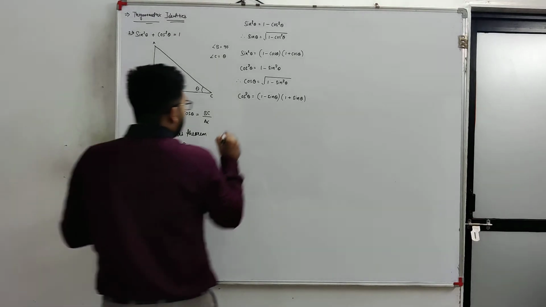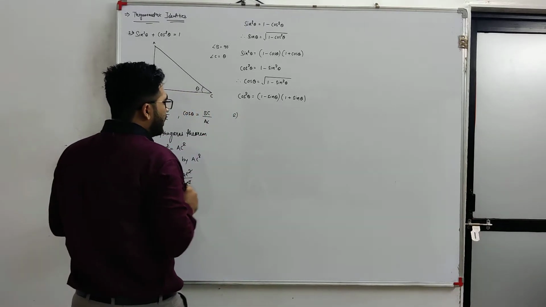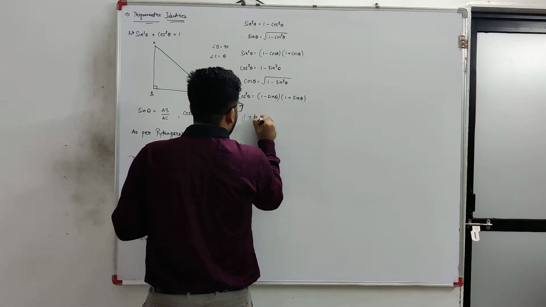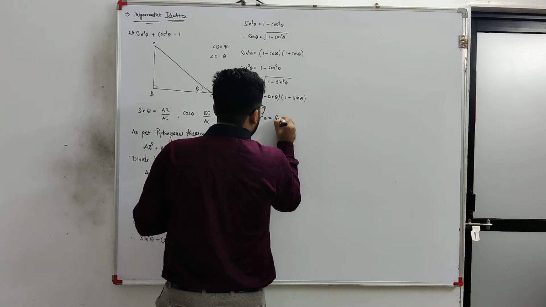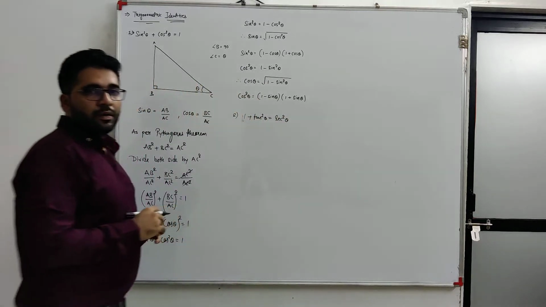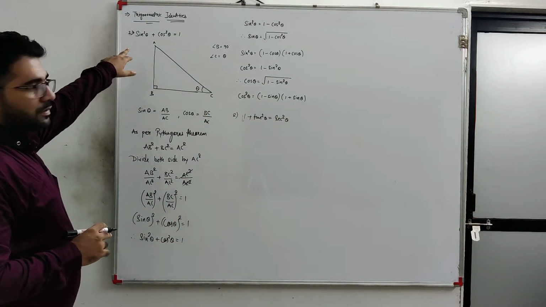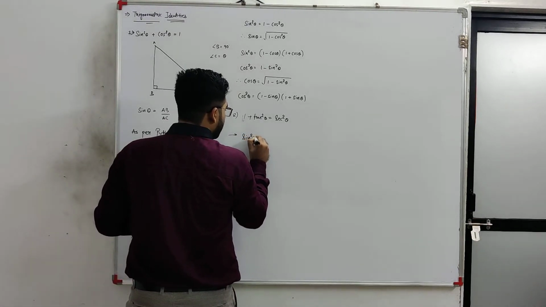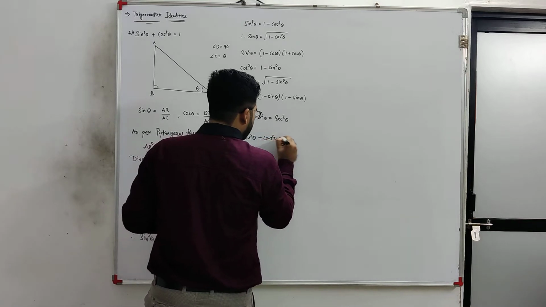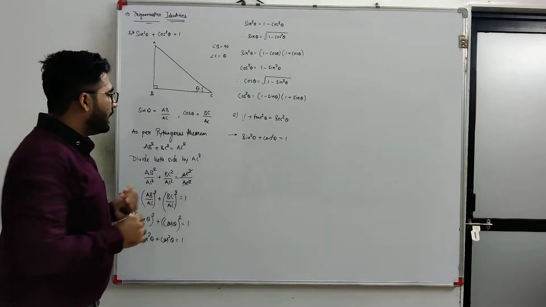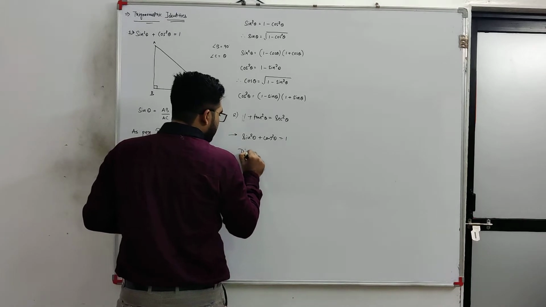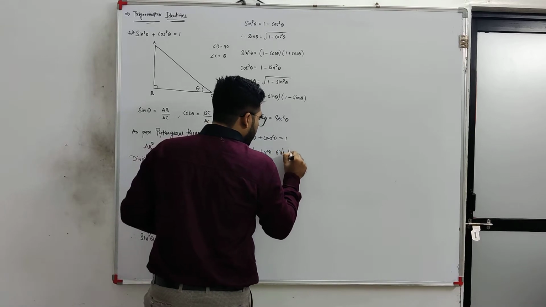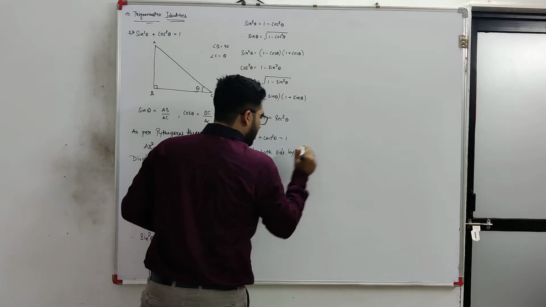Now let me see the other identity, which is 1 plus tan square theta is equal to sec square theta. I can get this identity from the first one. Let me see the derivation. Sin square theta plus cos square theta is equal to 1. Here I divide both sides by cos square theta.